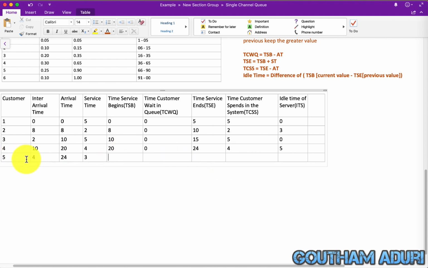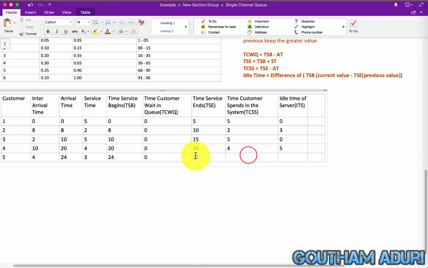And the next one is time service begins. Compare the time service ends and the arrival time, it's the same, 24. Time customer waits in the queue is 0. Time service ends is service time plus time service begins, 27.